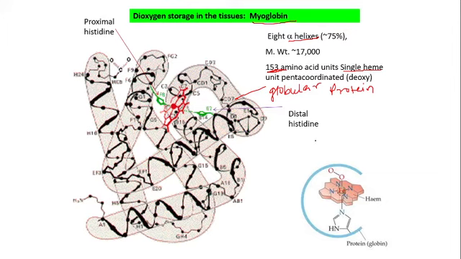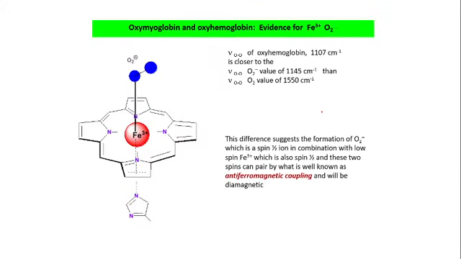This globular protein contains only one, a single heme unit. This is very important, single heme unit, and this has a penta coordinated structure.